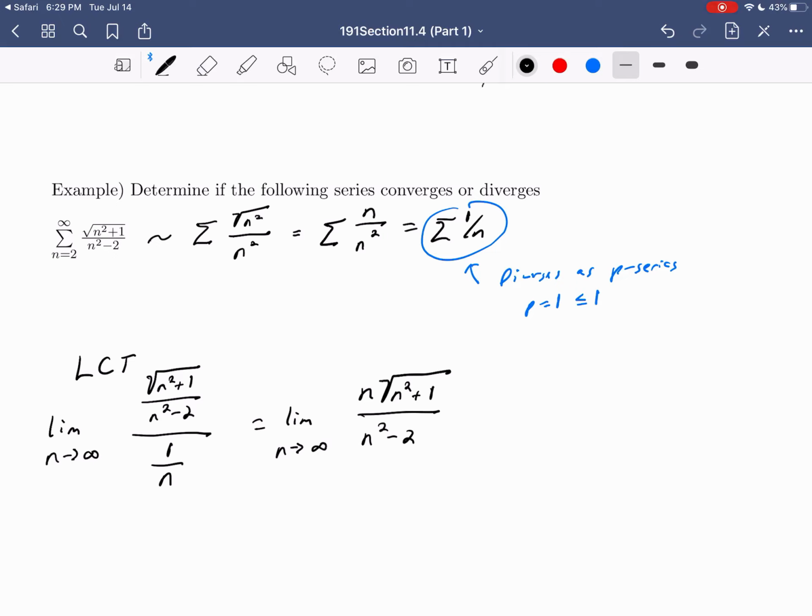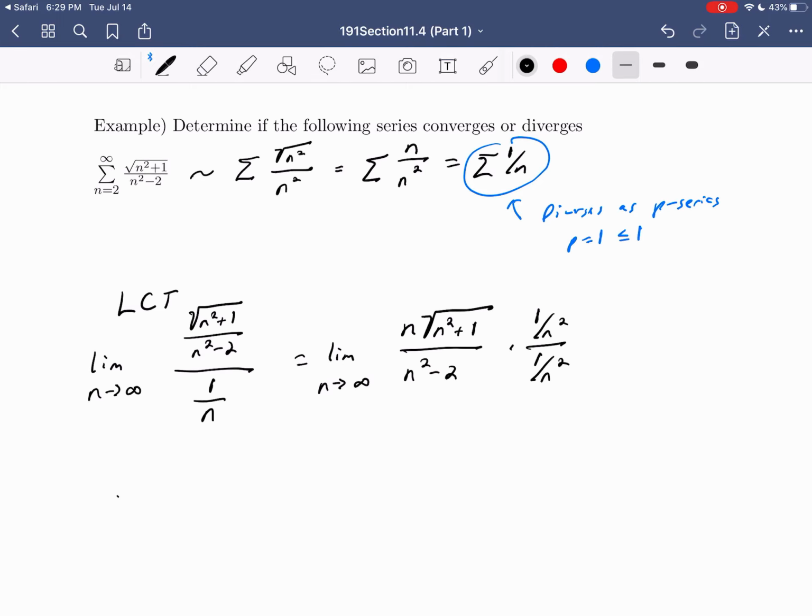Let's factor out the largest power in the denominator, which is that n squared. So let's multiply by 1 over n squared, 1 over n squared. If we do that, the 1 over n squared is going to cancel with the n, and we'll get 1 over n times the square root of n squared plus 1. And in the denominator, we'll get 1 minus 2 over n squared.